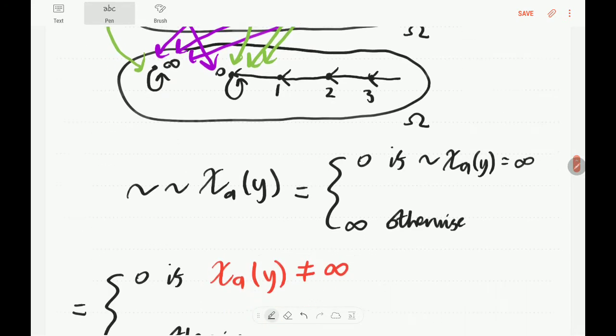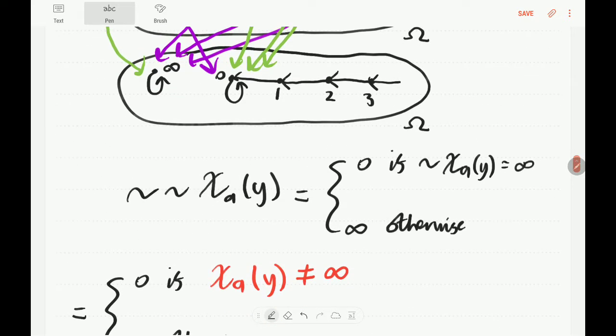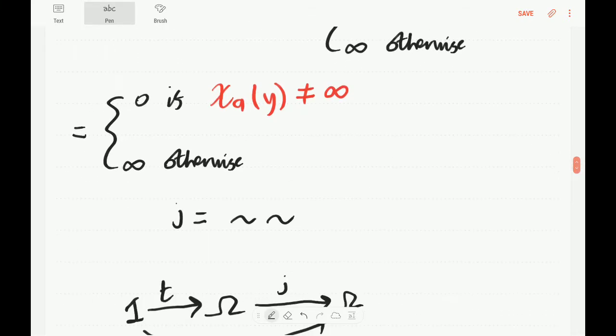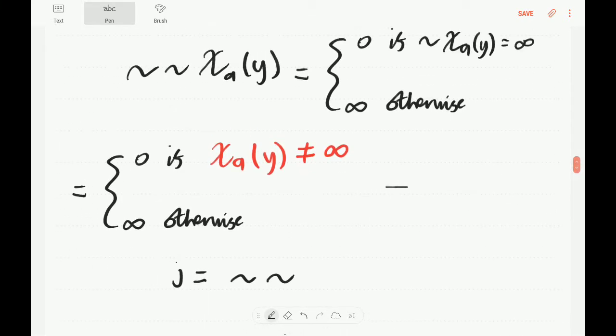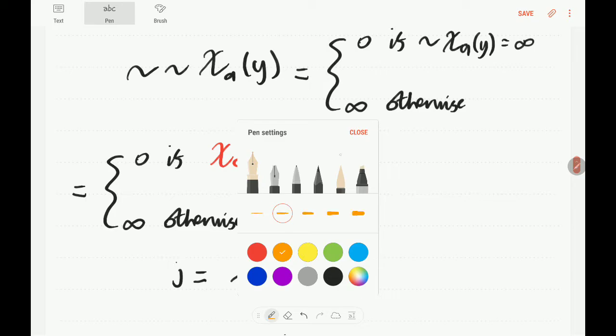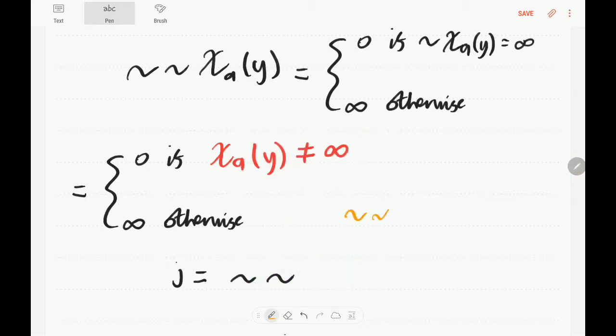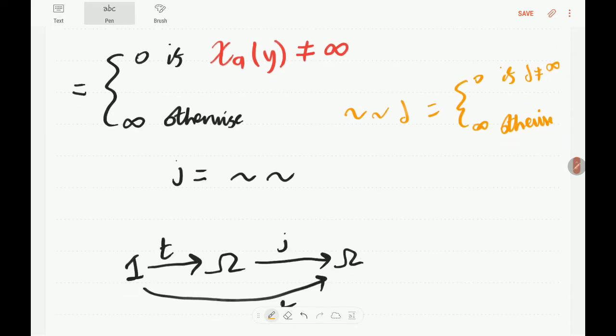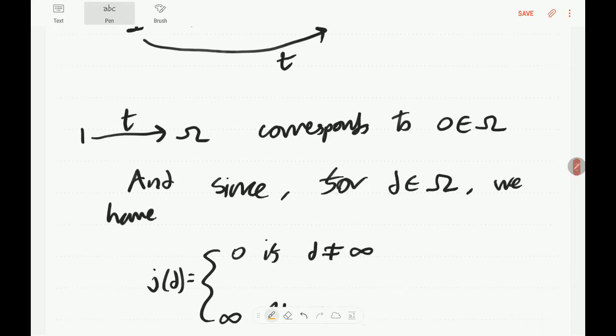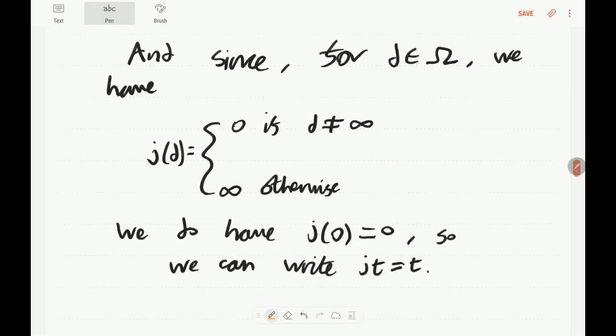We can think of not the way it works on D: not of D is equal to 0 if D is finite, not infinite, and it outputs infinity otherwise, okay? So we can consider J is not, and yes, we have a topology.